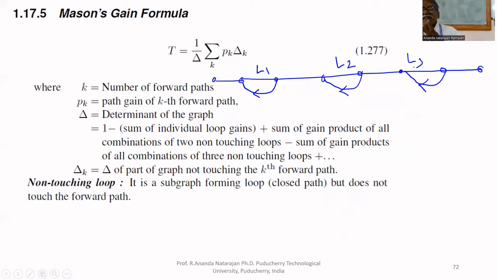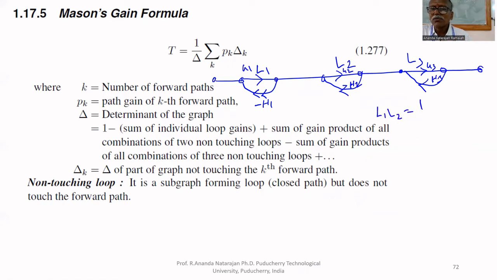L1, L3 also non-touching. Therefore, three components you will get. Suppose the gains of these loops are G1, H1, G2, H2, minus H2, G3, H3.